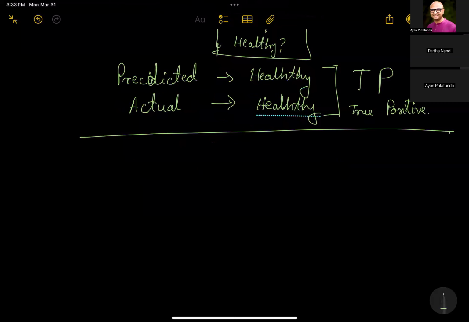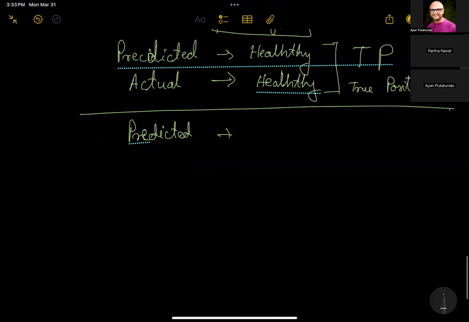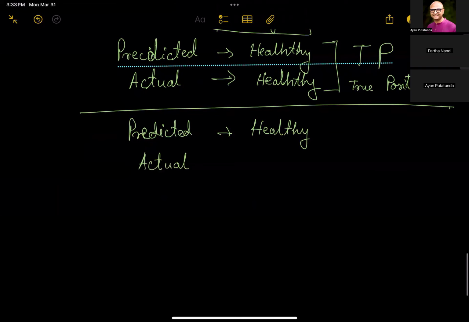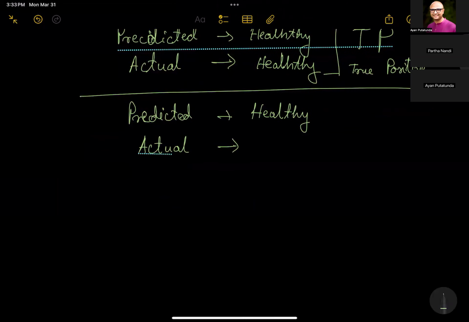Now, say the model is saying that somebody is predicted healthy, but the actual result in reality, he is sick. This is called false positive.